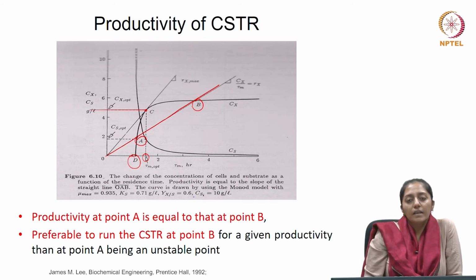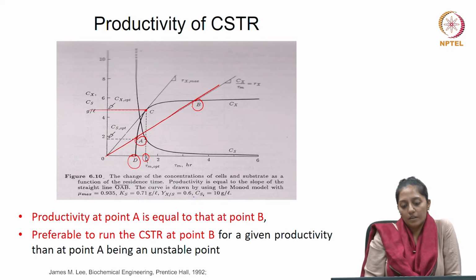We can run a chemostat, if the desired productivity is the slope of the OAB line, either at point B or at point A, to reach that productivity.